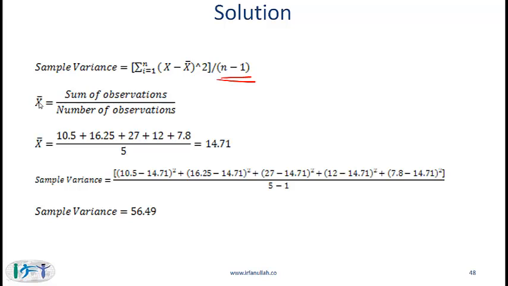X bar is the symbol that we use for a sample mean, which is 14.71. Then the variance is the deviations from the mean squared, added up across all data points, and then divided by n minus 1. The sample variance is 56.49, and if we want the standard deviation, that is equal to 56.45.